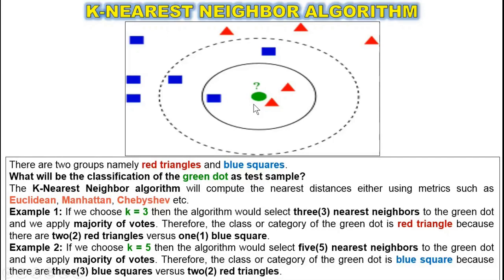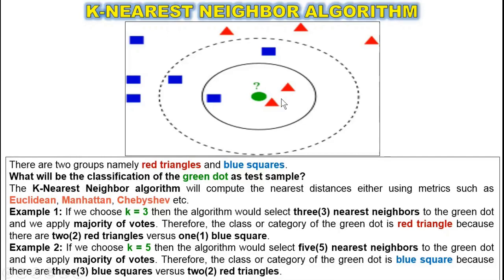The K-Nearest Neighbor algorithm will compute the nearest distances either using metrics such as the Euclidean distance, the Manhattan distance, or the Chebyshev distance. For example, if we choose a value for k which is 3, then the algorithm will select the 3 nearest neighbors to the green dot. And we can look at the figure that the 3 nearest neighbors to the green dot are 1 blue square and 2 red triangles.